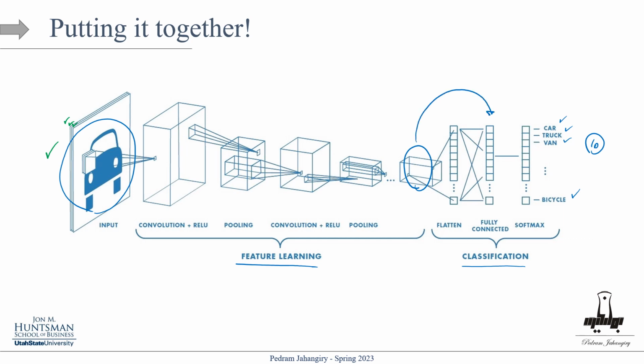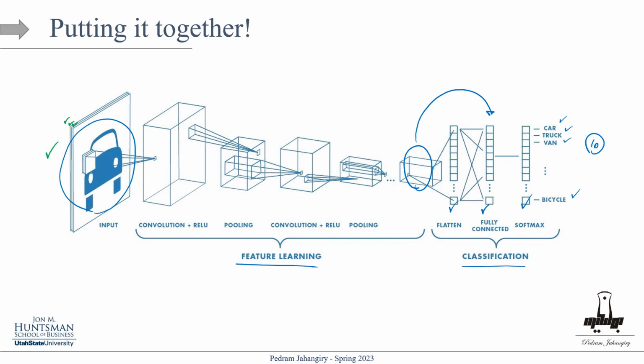We're going to flatten them first. Here's the flattening part, and then we're going to add a bunch of fully connected layers. We can add one or two. We can add some regularization like dropout if you wish. And then finally, we pass it to the output layer, which in this example is a simple softmax because we have 10 different classes.